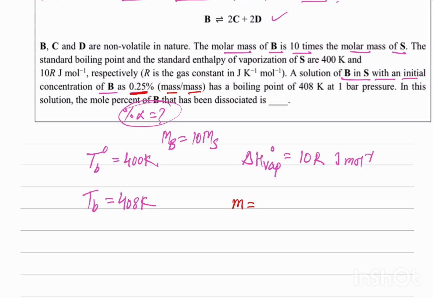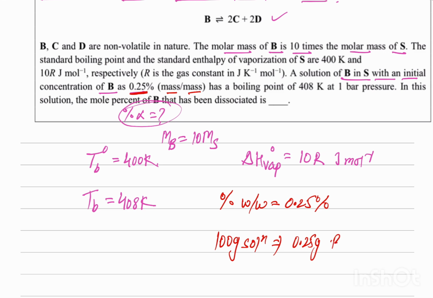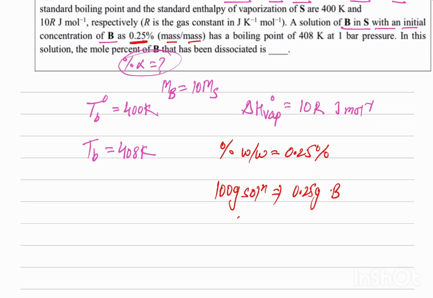As we know, the percentage weight by weight is 0.25%, which means if 100 gram of solution is present, then 0.25 gram of B will be present. So molality will be equal to 0.25, the given mass, and the molar mass of B is 10 times Ms as given here, divided by the mass of solvent, which will be 100 minus 0.25.